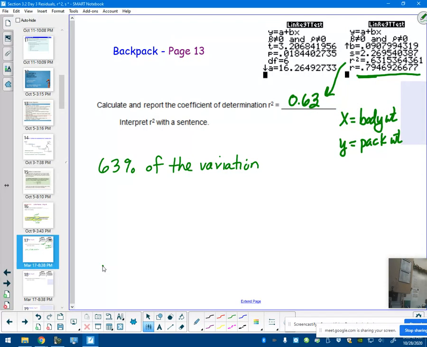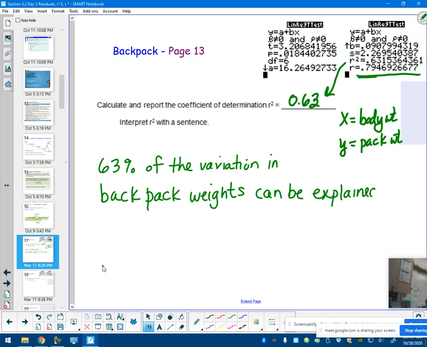63% of the variation in backpack weights can be explained by the variation in body weights.